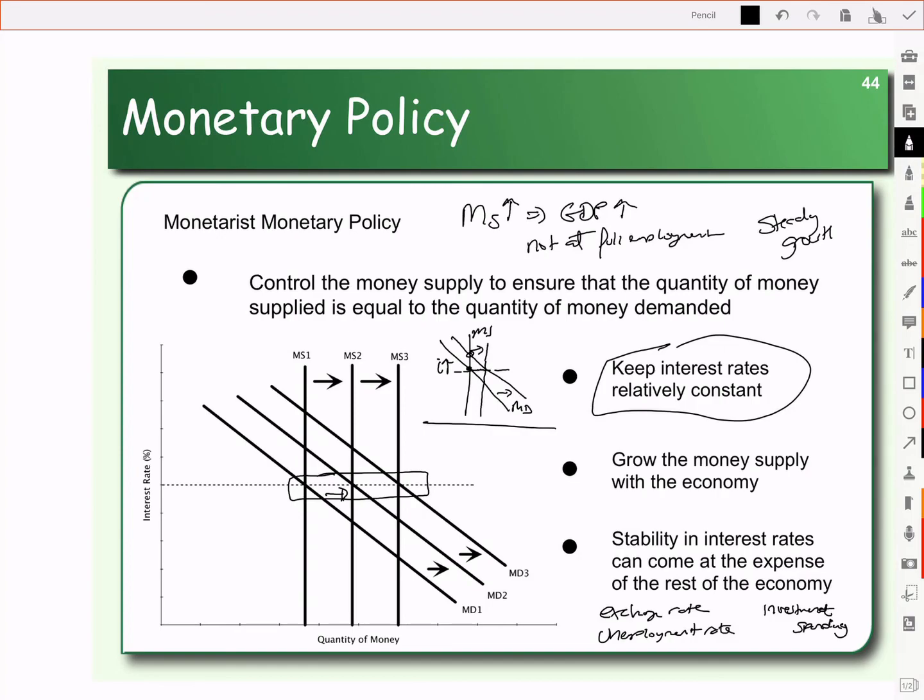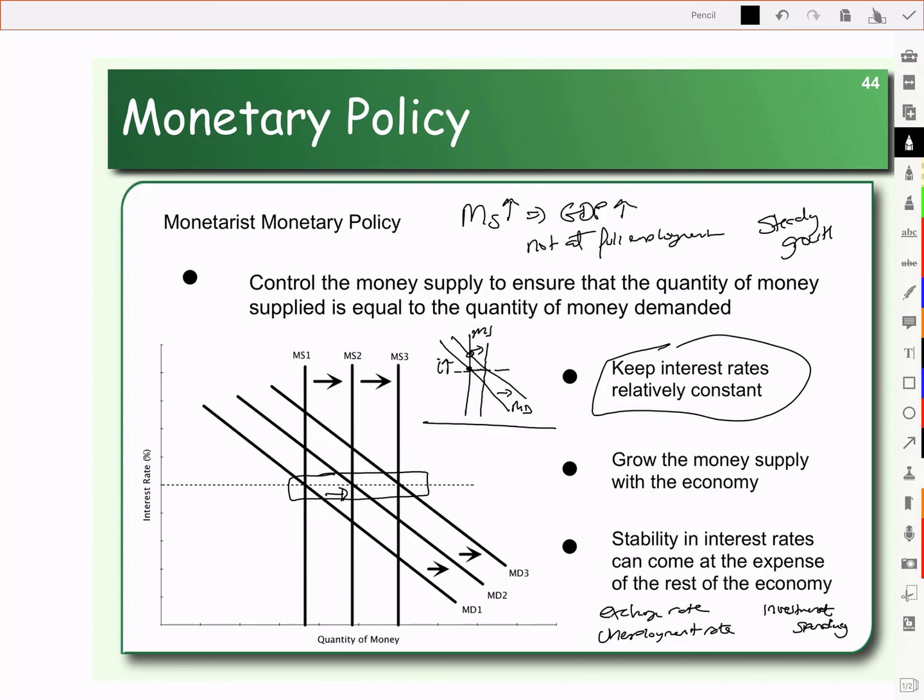So if interest rates stay the same, then that is not going to necessarily cause the unemployment rate to fall. We need to lower interest rates to get more businesses hiring and to get the unemployment rate down. Because if you lower interest rates, investment spending will go up. You need more people to build houses, to make capital goods, and so on.